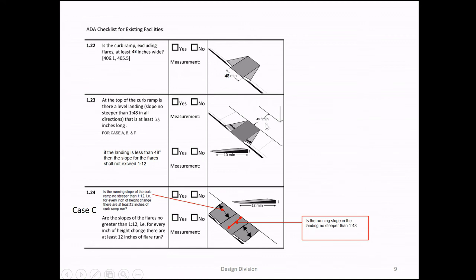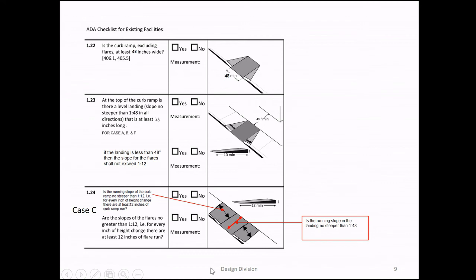And that the cross slope is 2% or less on the landings. When we get to case C, which is fully depressed, I'm not sure if we are familiar with the different cases, but case A and B. Case A is there's no depression. On case B, you depress the curb ramp just enough to get your minimum running slope.